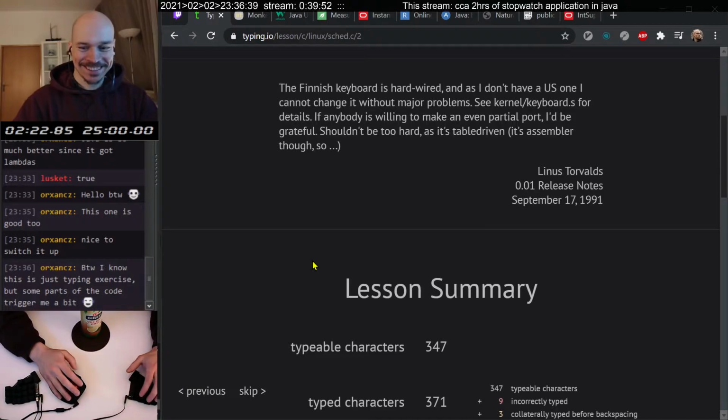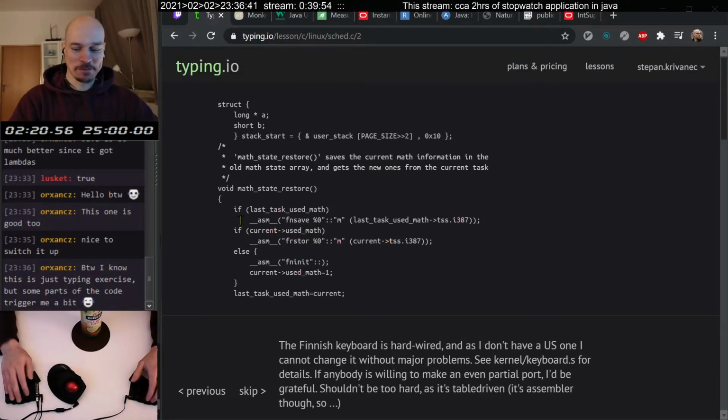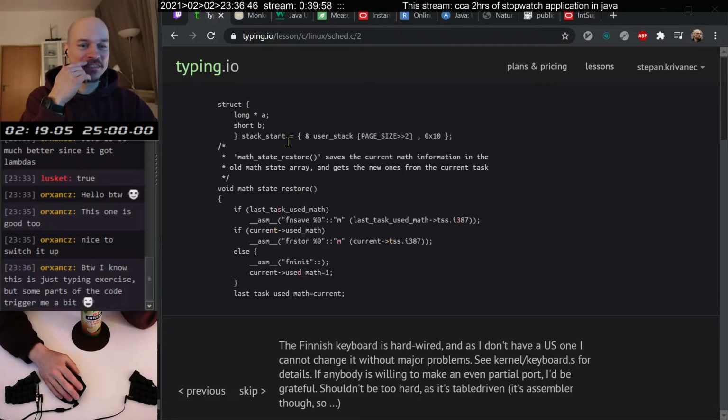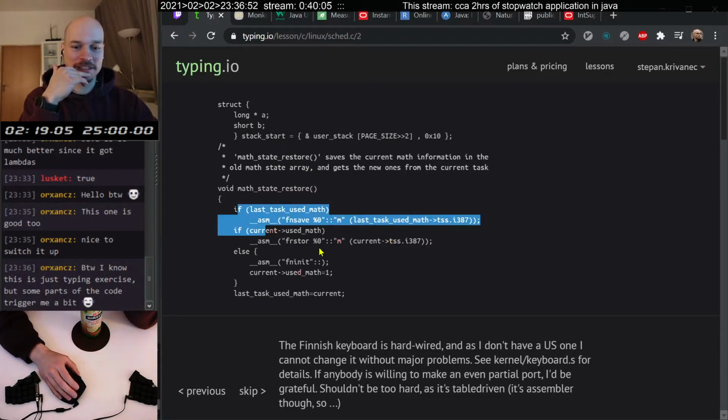It triggers you? Which part? I'm curious. Okay, so which language is this anyway? It is C. C language. Wait, which parts are bad?